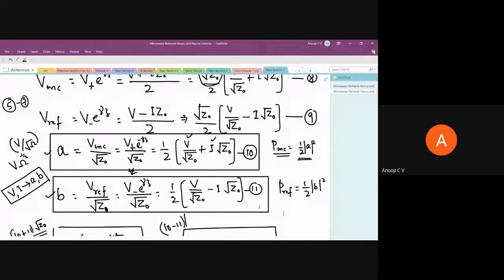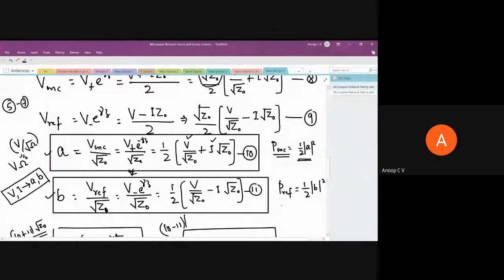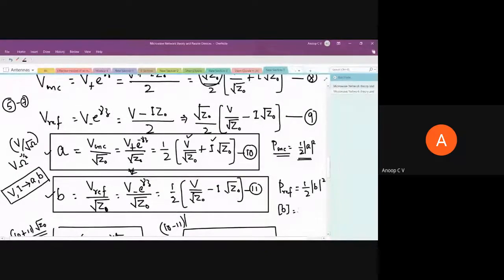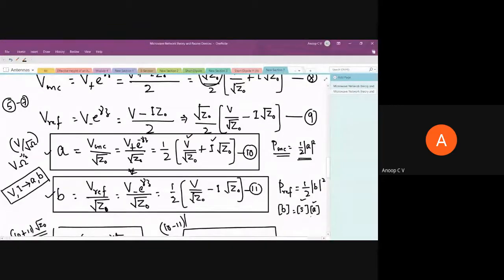In the S matrix representation, we will be representing B in terms of A. If it is a single port network, B will be S into A. If it is 2 port, there will be B1, B2, S will be a 2 cross 2 matrix, and A will be A1, A2. So here the independent variable is A and the dependent variable is B.